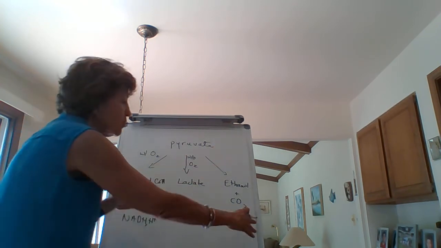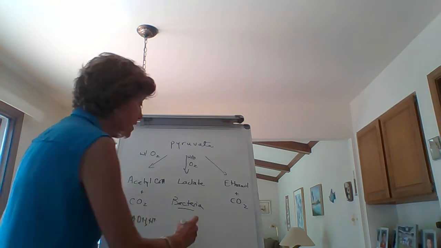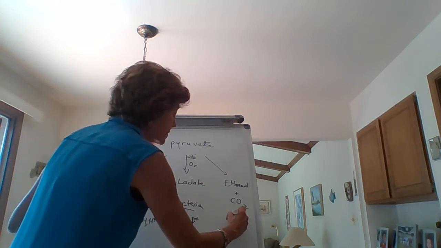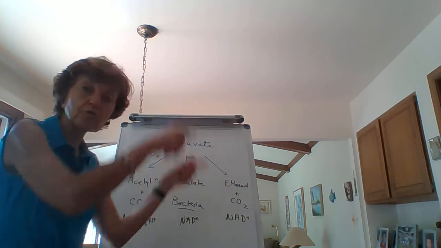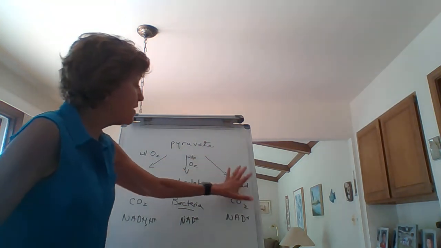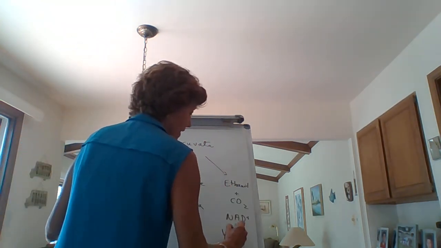But these two, you are replenishing the NAD, meaning you're using NADH and getting some NAD back so that you can go through glycolysis again and again and again. The ethanol and carbon dioxide, this is yeast and plants.